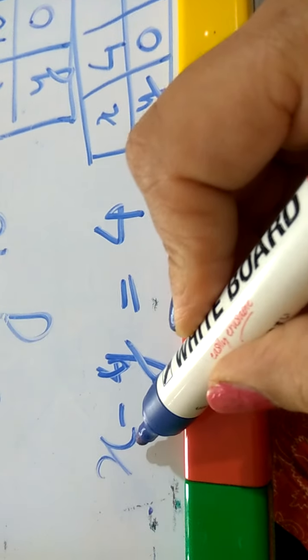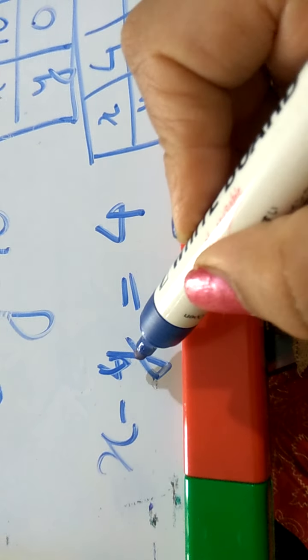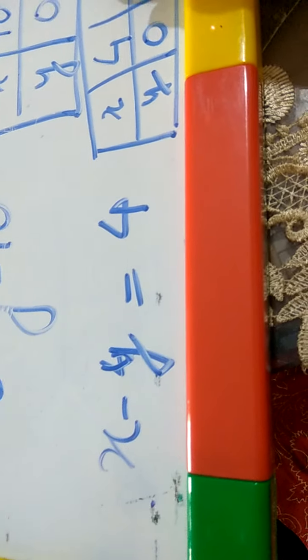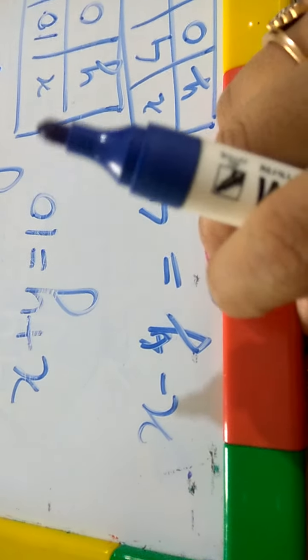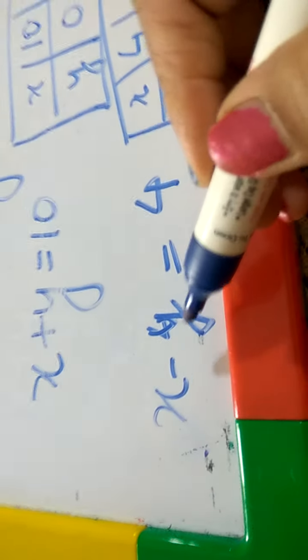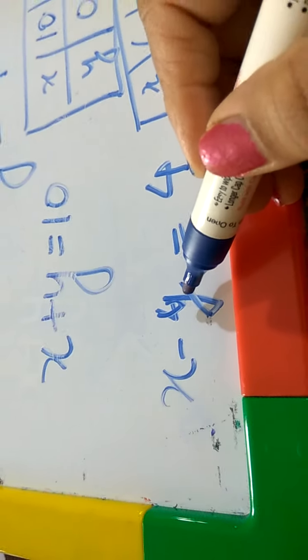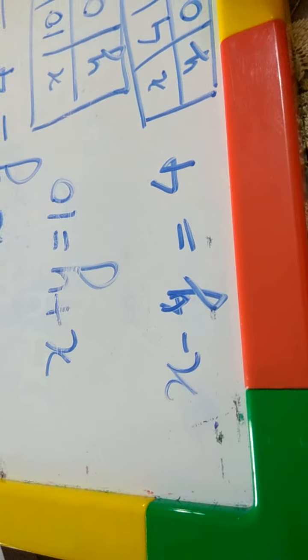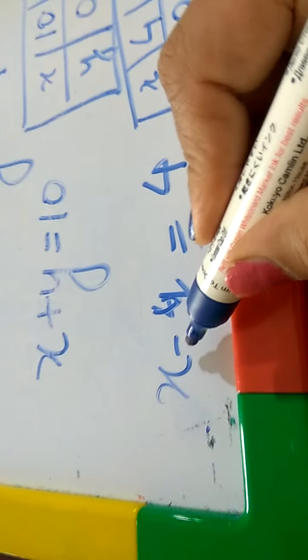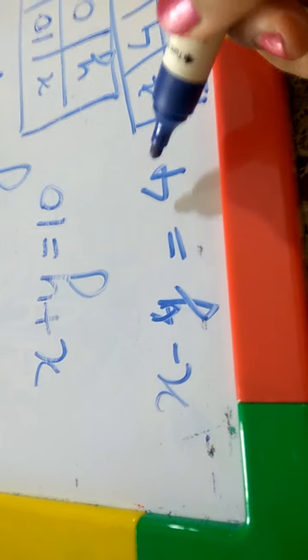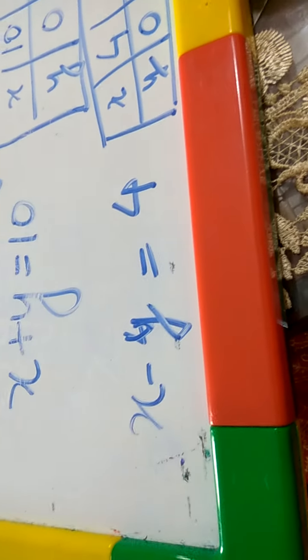If I put x to be 0, then y is minus 4. Similarly, if I put y to be 1, then x will be equal to 5. The third point will be 5, 1.